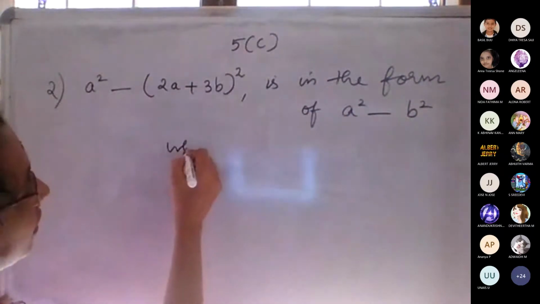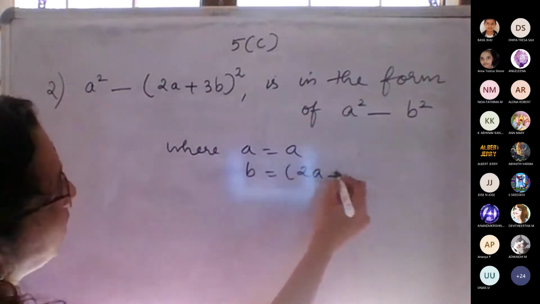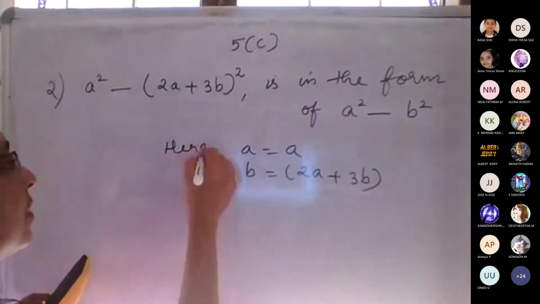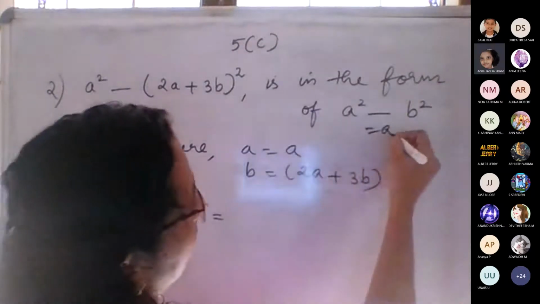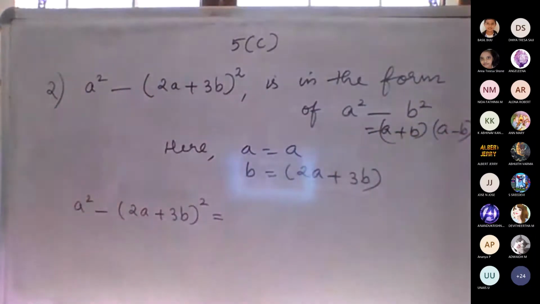Where a is equal to a and b is equal to 2a plus 3b. So a square minus 2a plus 3b the whole square we have to find out. So a plus b into a minus b. This is in the form of a square minus b square, which is equal to a plus b into a minus b. Here a stands for a and b is equal to 2a plus 3b.